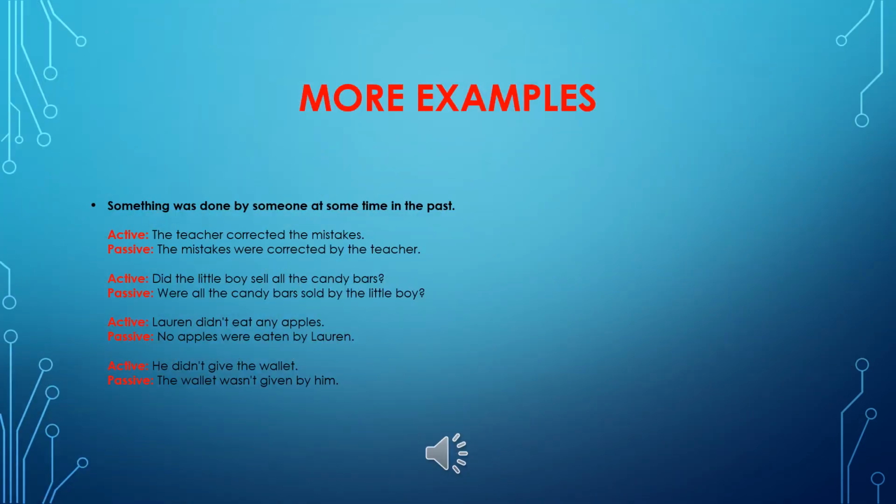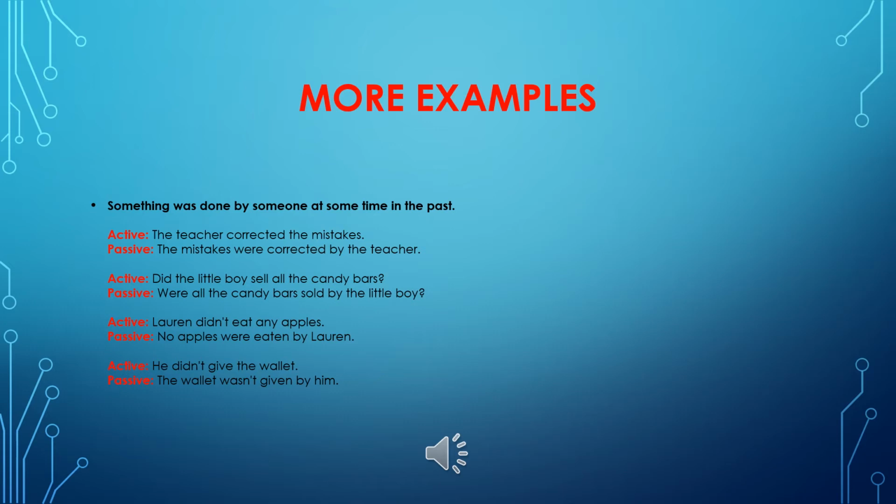Let's try to practice some more examples together. So, we say something was done by someone at some time in the past. For example, active, the teacher corrected the mistakes.